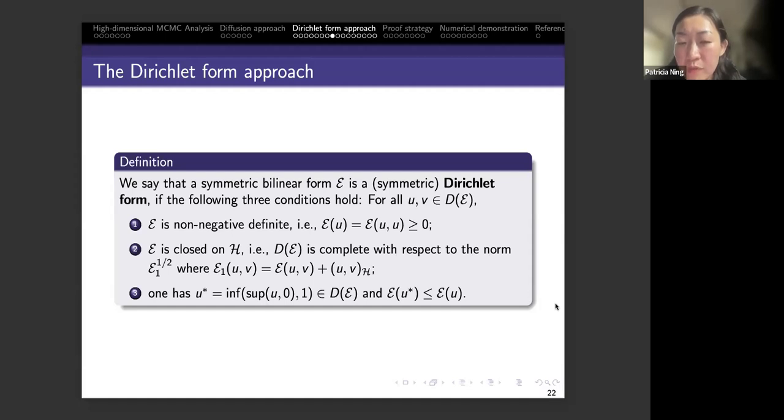Here, this E_1(u,v) is defined as E(u,v) plus (u,v)_H. The third one is that for u* equal to the infimum of the supremum of u, v and 1, which is in D(E), E(u*) is less than or equal to E(u). So this is the definition for the symmetric Dirichlet form.